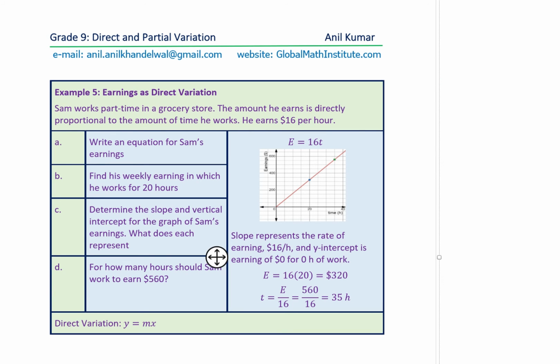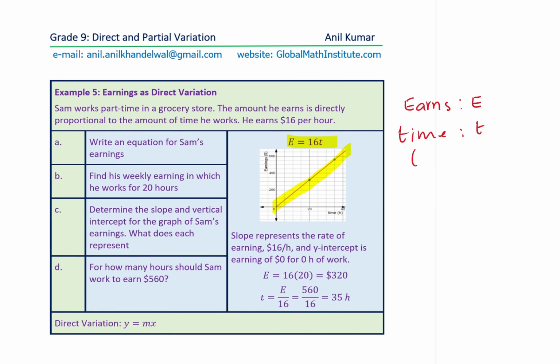Clearly, the earning can be represented by a straight line. When he doesn't work at all, he will earn zero amount. But the rate is 16 times the time taken. And therefore, we could write the equation as E equals 16t, where E is earnings. So we are saying earns means E, and time is t.